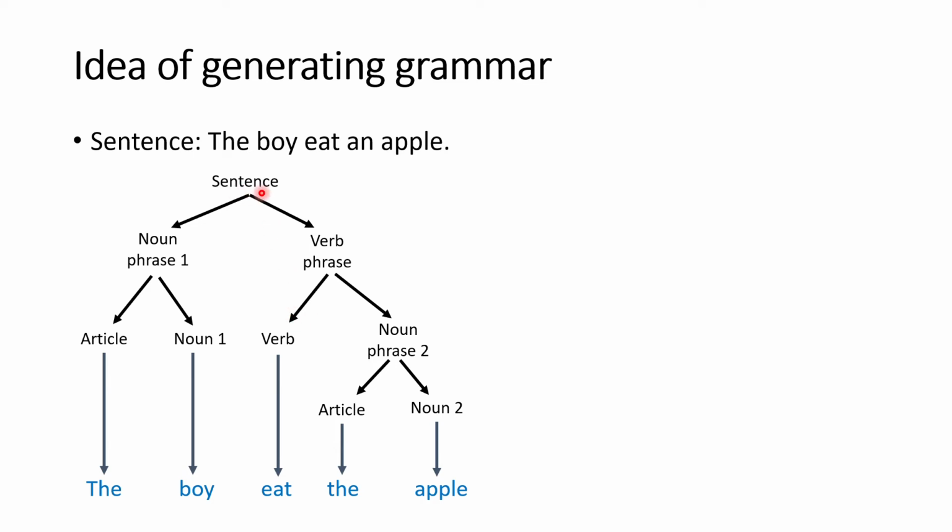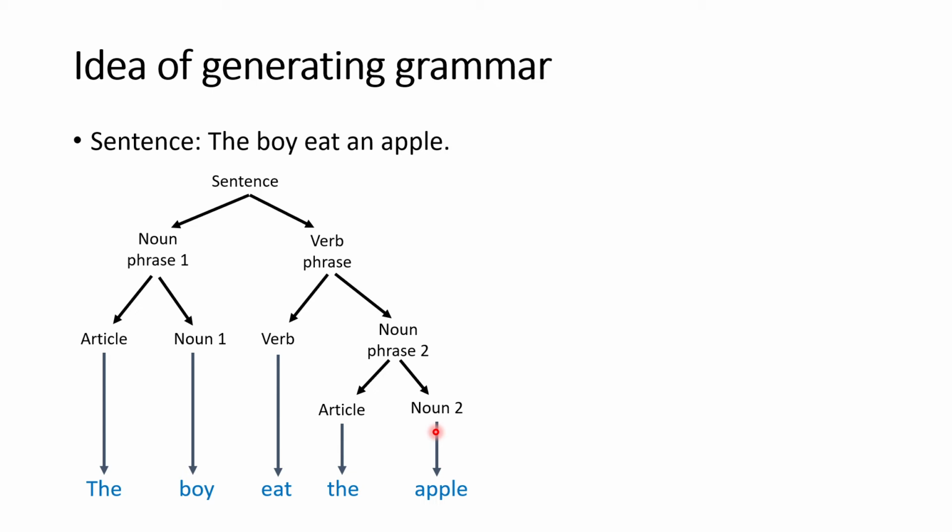A sentence can be rewritten as a noun phrase 1 followed by a verb phrase. This is rule number 1. Rule number 2: a noun phrase 1 can be rewritten as an article followed by noun 1. Similarly, rule number 3: a verb phrase can be rewritten as a verb followed by noun phrase 2. Rule number 4: noun phrase 2 can be rewritten as an article followed by noun 2.